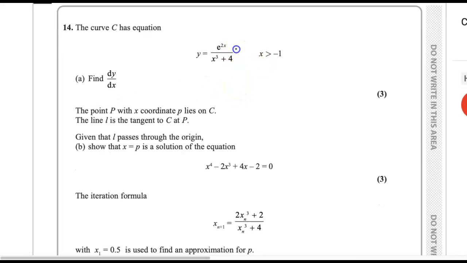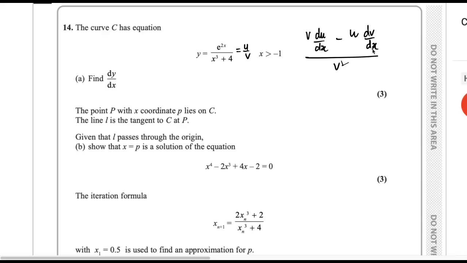So it's u over v, the quotient rule: v du over dx minus u dv over dx, over v squared. If you see the trend, you are definitely going to get product rule and quotient rule, so I suggest you go through and make it stronger.